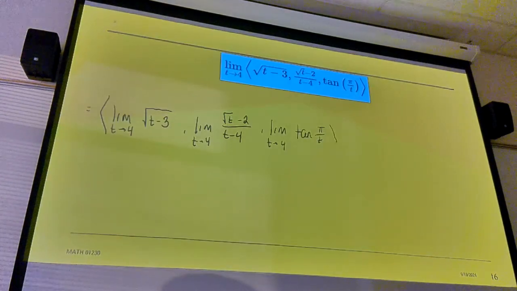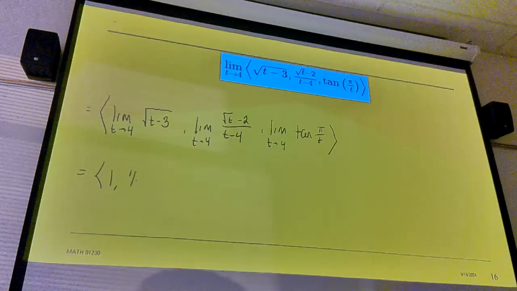What is that first limit? What is that second one? One over two. How did you get it? Comparing the exponents of the numerator and denominator.